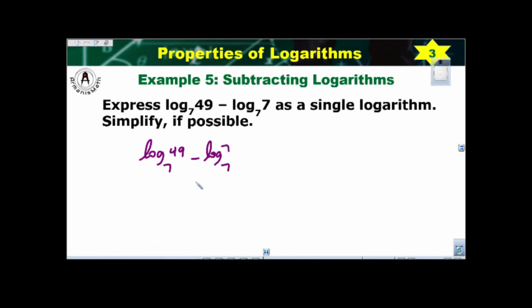Somebody tell me, what kind of property would I use here? From subtraction to what? Here we go. I'm going to divide. Log base 7 of 49 divided by 7. And how much is that? That's log base 7 of 7. We talked about that last time. What takes you from 7 to 7? 7 raised to what power gives you 7?